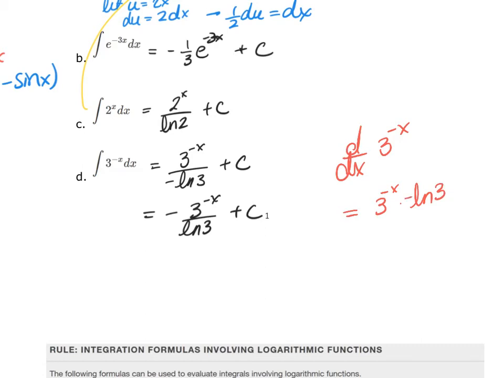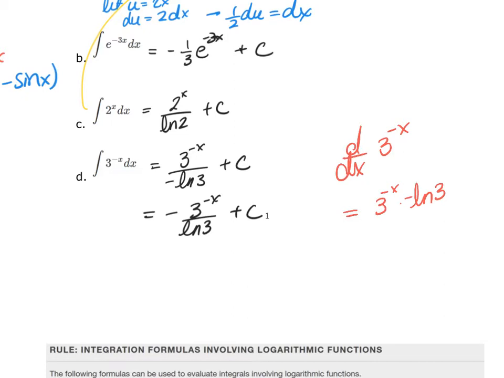That's what I know it's going to be. So that is what the derivative should be. So if I was asked to do the derivative of 3 raised to the negative x, then it's going to be 3 raised to the negative x multiplied by the negative natural log of 3.